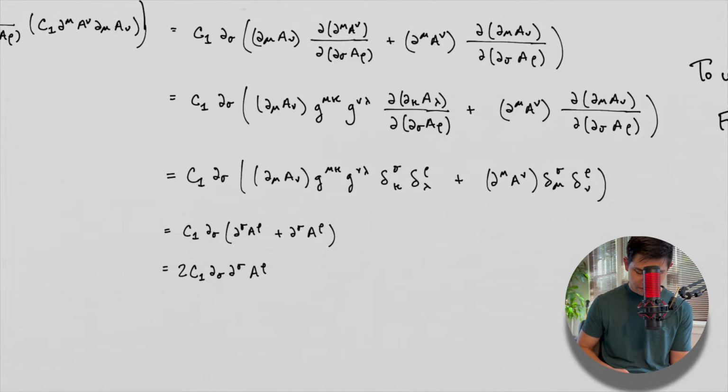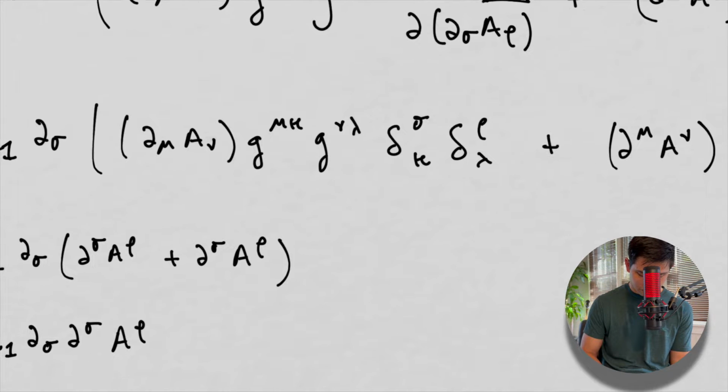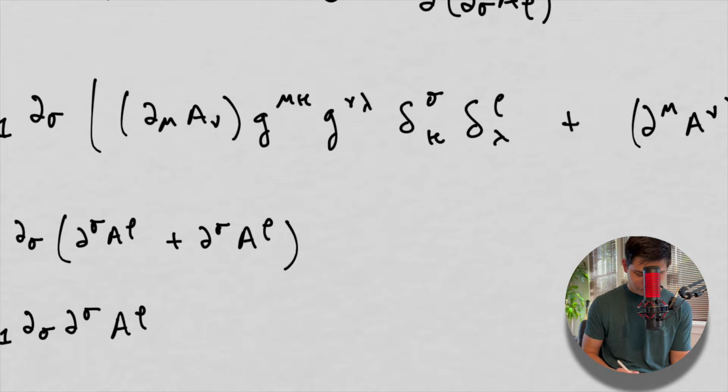All right, so what does that do? So what this actually does, let's see here. d sigma A rho. Right, so here's the sigma and the rho. I'll zoom in here. So mu, nu, k, lambda. So it's left upstairs, it's going to be sigma and rho.